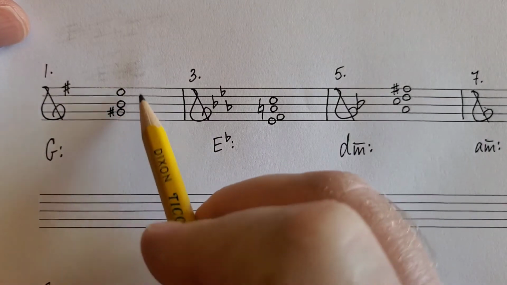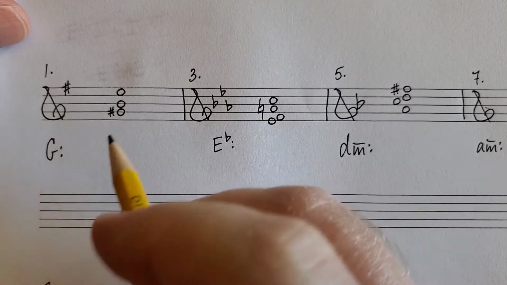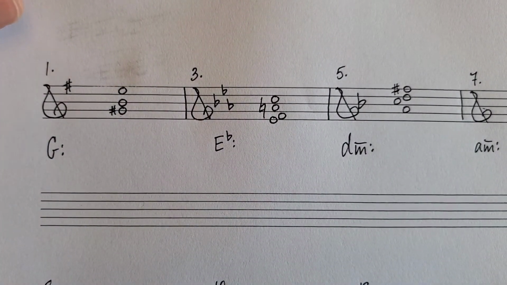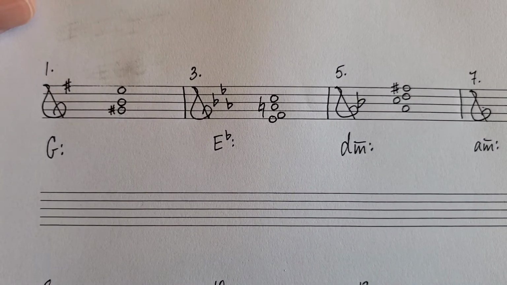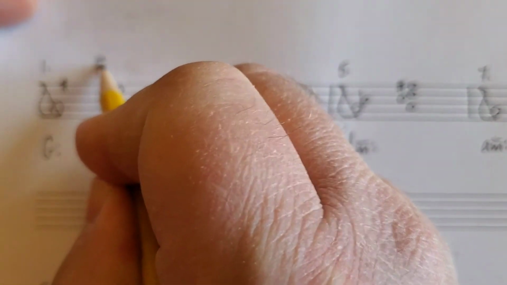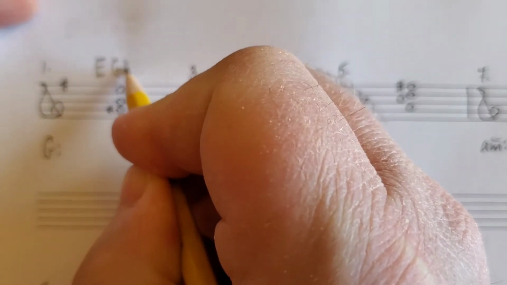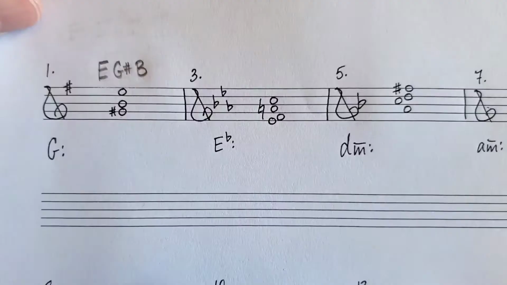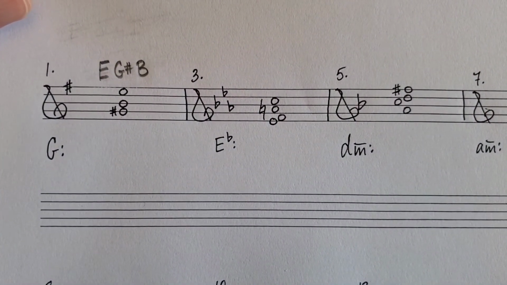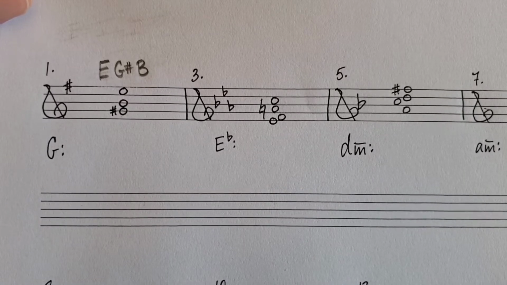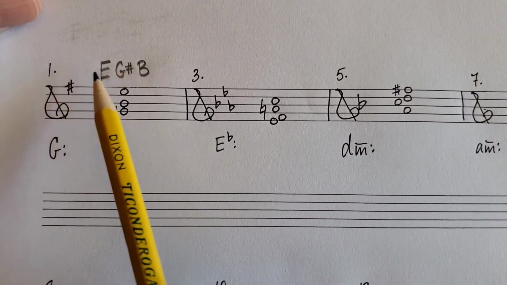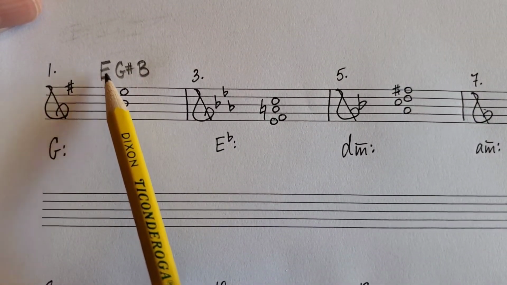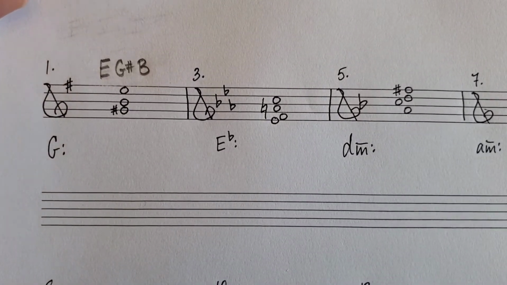First thing you want to do, as always, is to put these notes into thirds so you're understanding what the root position chord is. And you can see here the chord is spelled E, G sharp, and B in root position. Okay, now that's a major triad, so it is very likely that we've found a secondary dominant here.